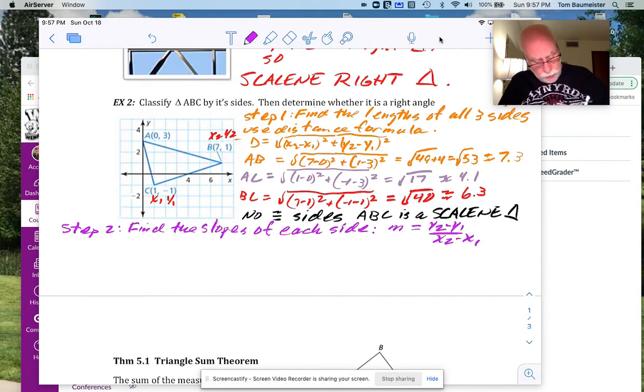All right, so I'm going to take the slope of the first one, the slope of AB. If I take that one there, I'm going to take 1 minus 3 over 7 minus 0, which will give me negative 2 over 7.